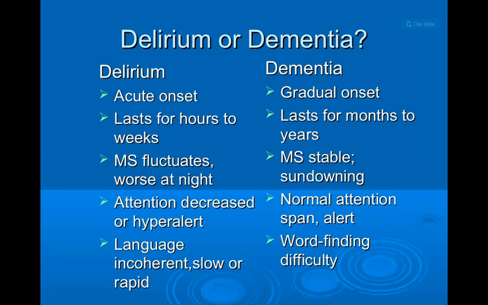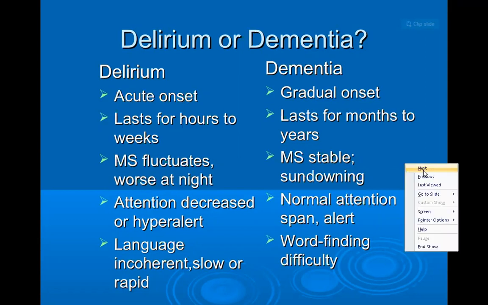Attention is decreased or hyperalert in delirium, then normal attention span or alert in dementia. In delirium, language is incoherent, sometimes slow, sometimes rapid, so it is very difficult for family members to understand. Then word-finding difficulty in dementia, where the patient is not able to find the word.